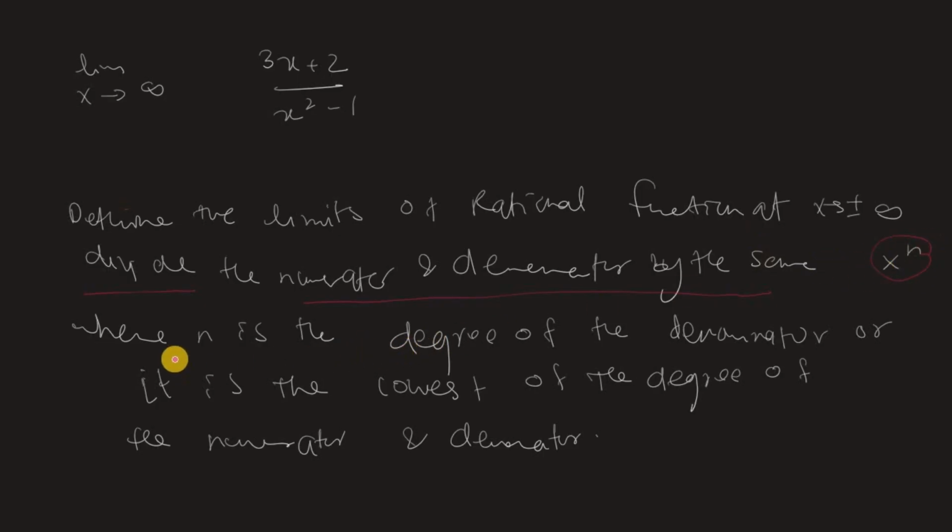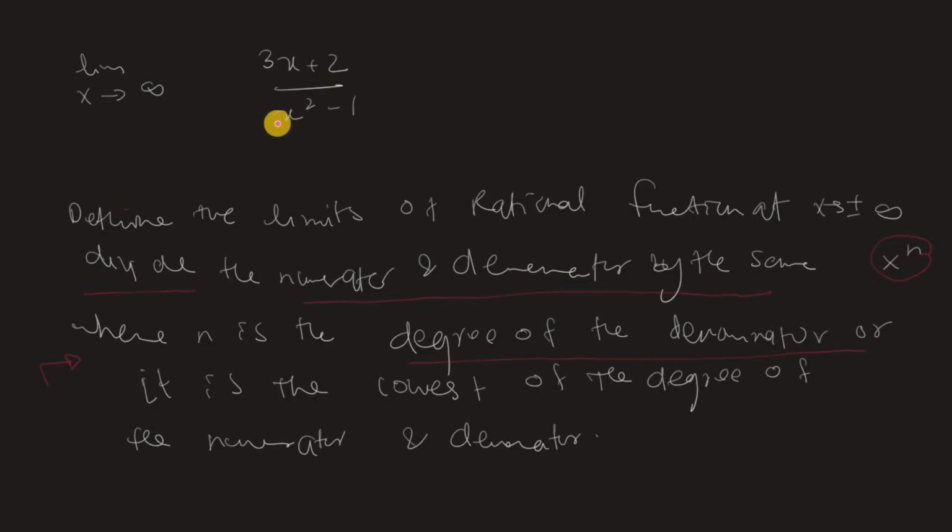The x to the power of n that we take could be the degree of the denominator, or it could be the lowest of them. But I usually follow the first one: I look at the degree of the numerator and the denominator and divide by that. It's pretty simple, so you can basically ignore the second part.